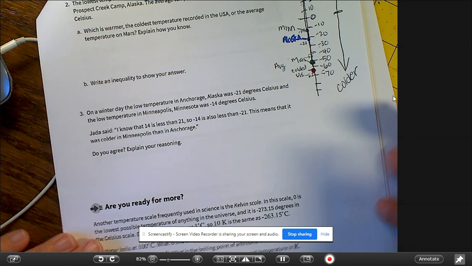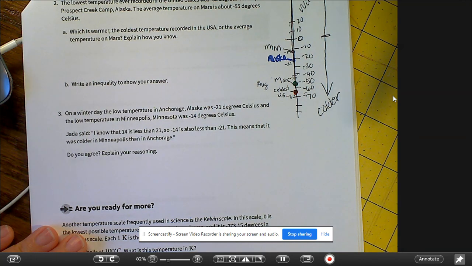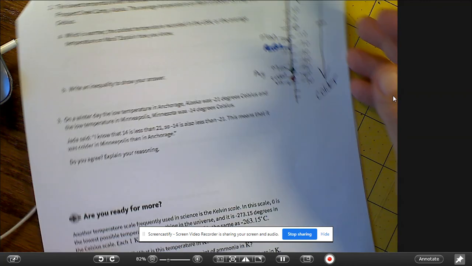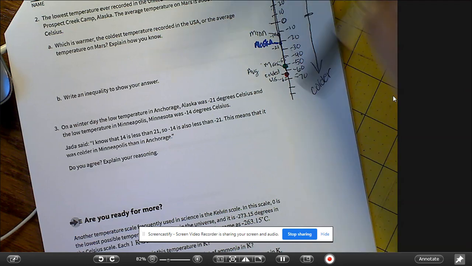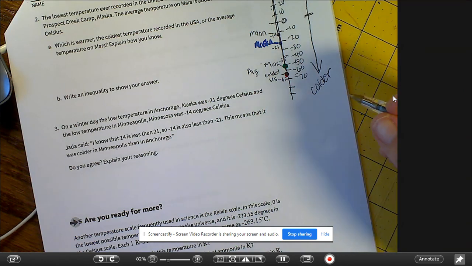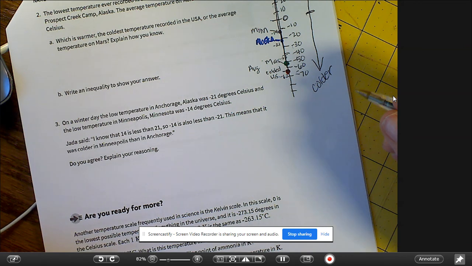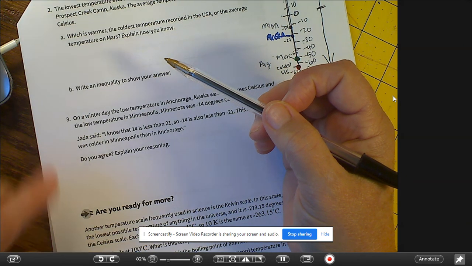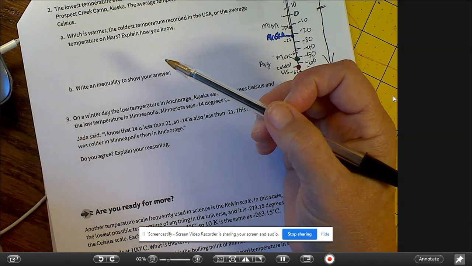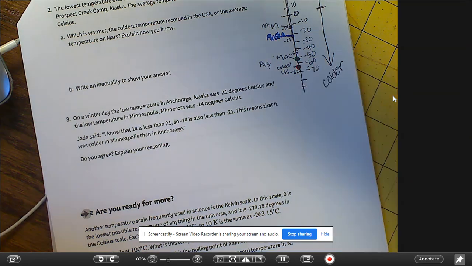All right, so the second part, the average temperature on Mars is warmer. On the number line, negative 55 is farthest to the right.